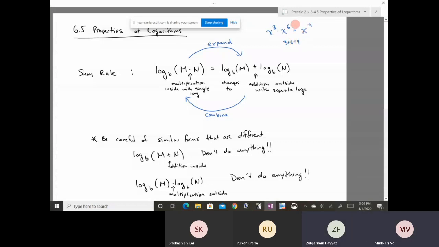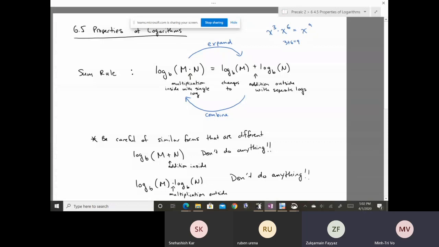The counterpart for logarithms follows the same idea. You just have to be aware of which operations they are and where they occur. Here you have the multiplication outside and the addition inside the exponent, so the 3 plus the 6 gives you 9.